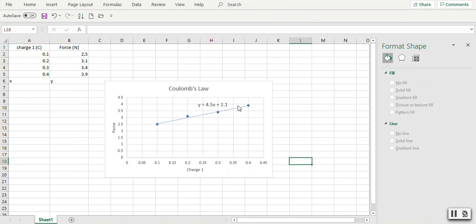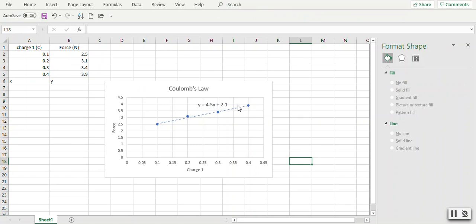It makes sense because the relation between the force and the charge 1 is a linear relation. The formula basically says force equals K times magnitude of the charge 1 times magnitude of the charge 2 divided by the square of the distance.